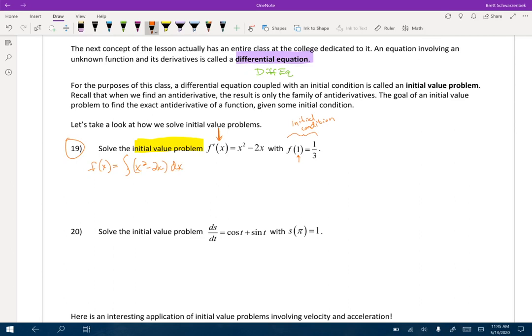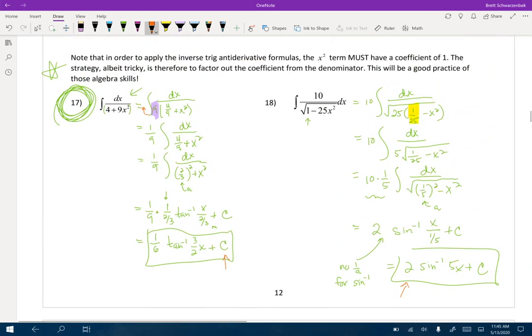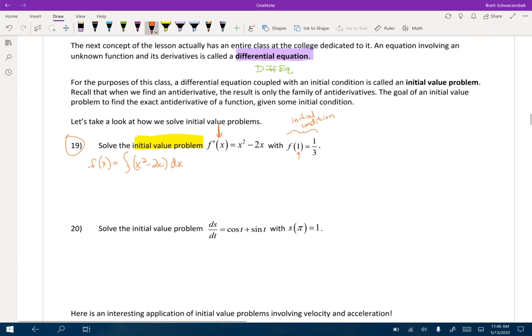What's weird about this is that in every other problem you've done so far, you were given this entire antiderivative or indefinite integral. Now you have to write it right here. So you have to be ready for this. I write the antiderivative of whatever the differential equation is, or in other words, the derivative, and then I put the d and then the variable that I'm using. Be ready for that.